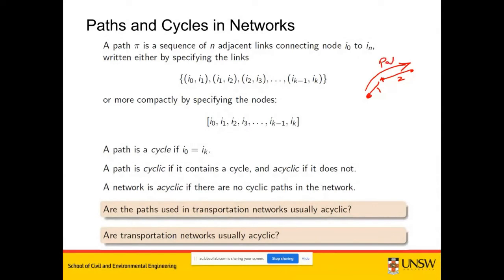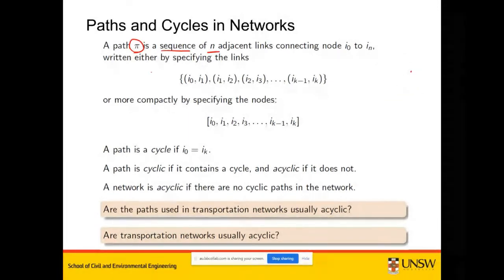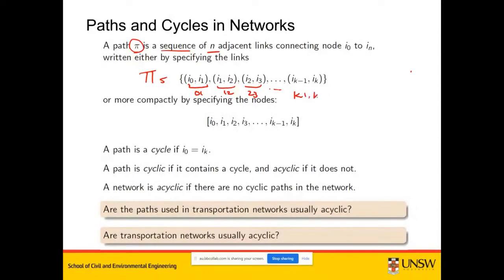So for this path, we can use the symbol pi. So path pi is a sequence of n adjacent links, in this case 1 and 2, for example, connecting all the nodes along the way. If I want to write it more precisely, this is link 0 to 1, this is link 1 to 2, this is link 2 to 3, and all the way to k minus 1 and k, right?